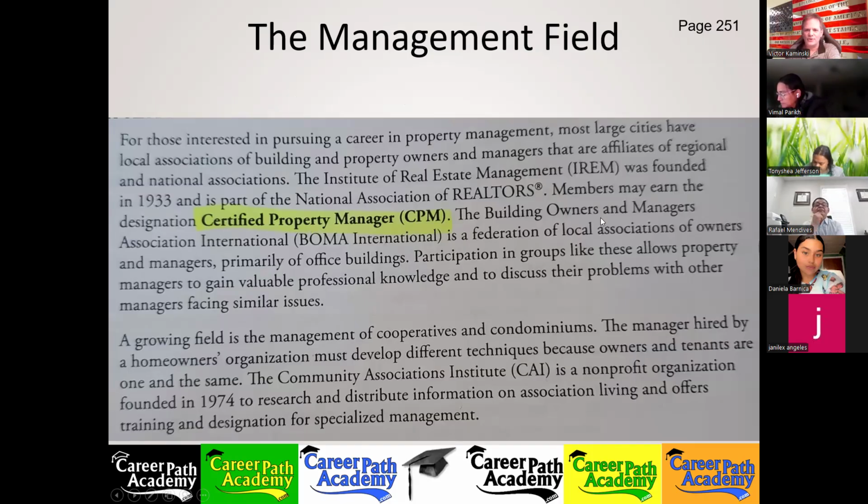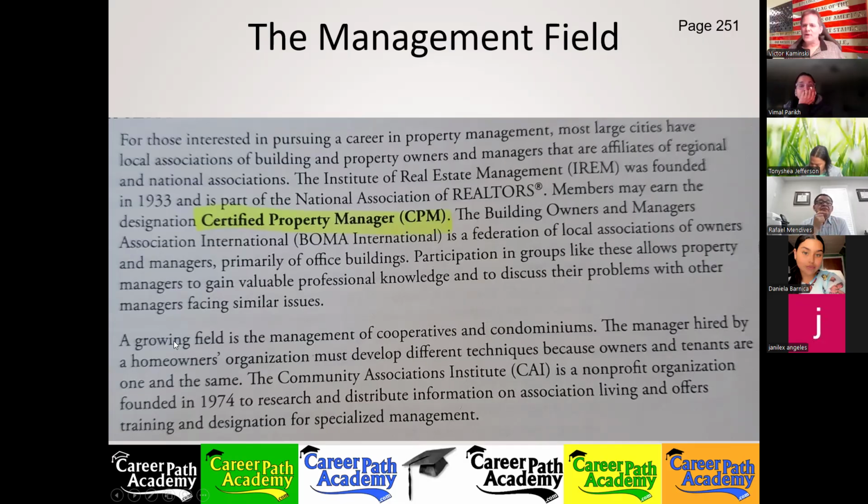The Building Owners and Managers Association International, BOMA International, is a federation of local associations of owners and managers, primarily of office buildings. Their participation in groups like these allows property managers to gain valuable professional knowledge by sharing with each other and discussing the problems and issues that they come across.